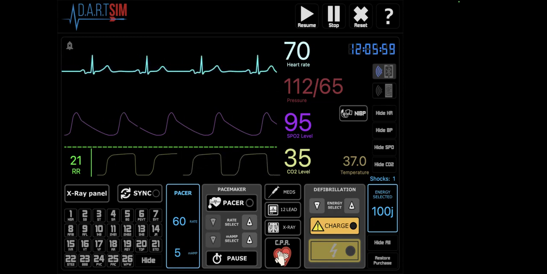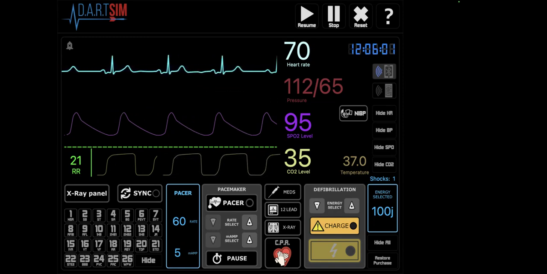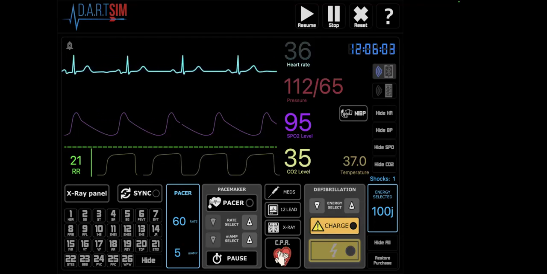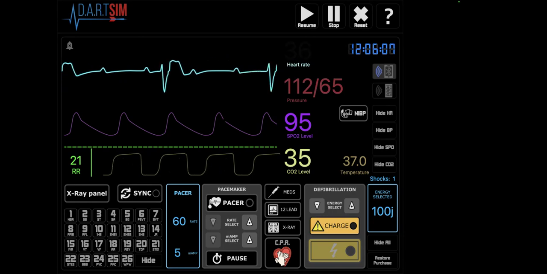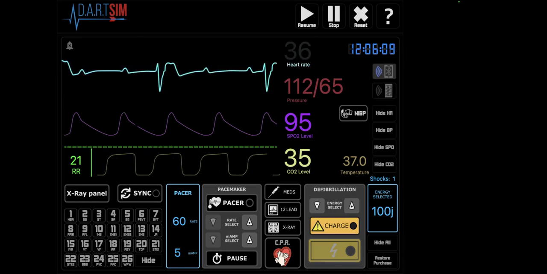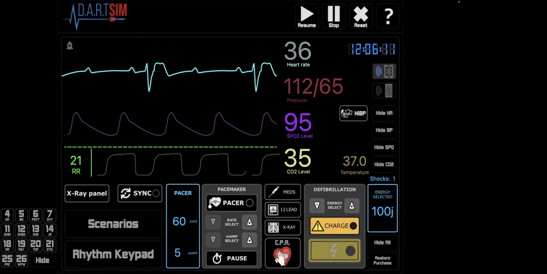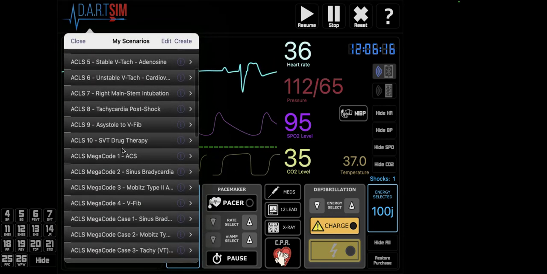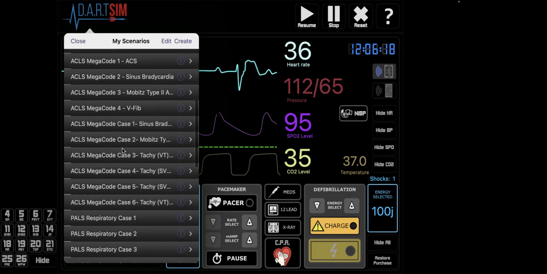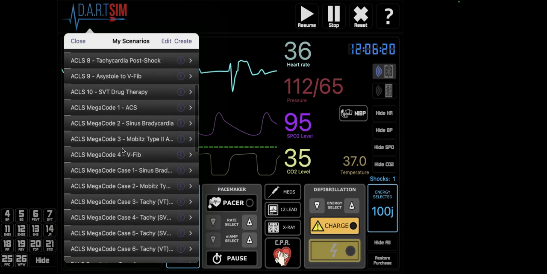So let's go on and let's look at a patient with third-degree heart block. And third-degree heart block is almost always linked to some underlying pathology.